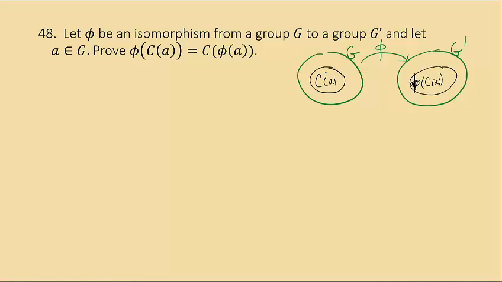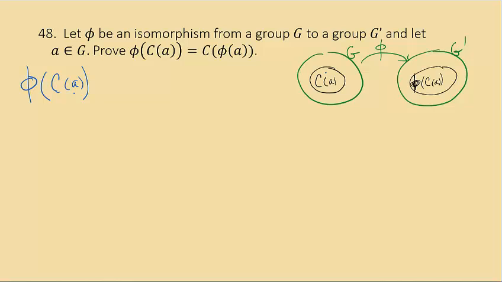So the first thing you do in a problem like this, we want to prove that phi of the centralizer is the centralizer of phi of A. So the first thing you do is write down these definitions. These have to be memorized. So let's see, what would be phi of the centralizer of A?